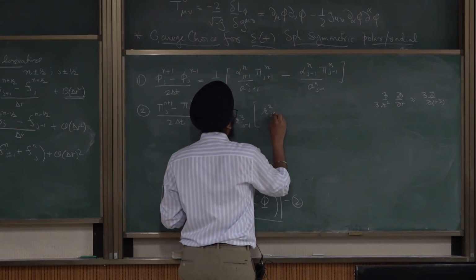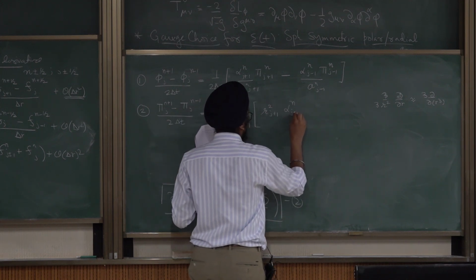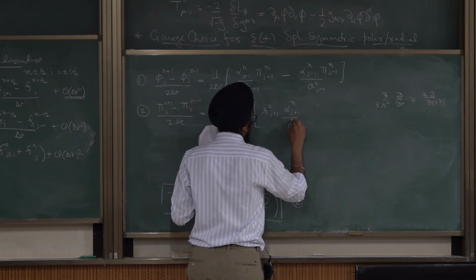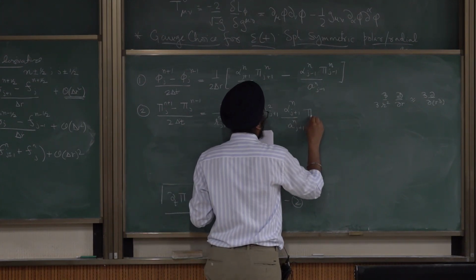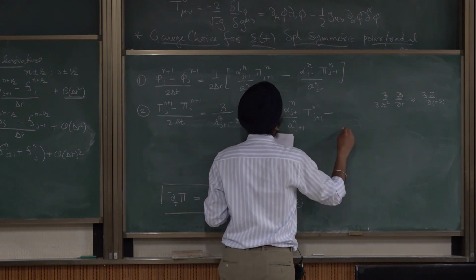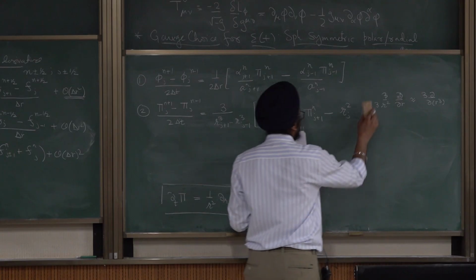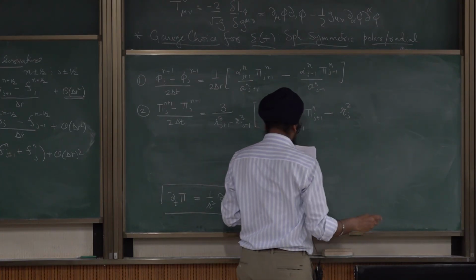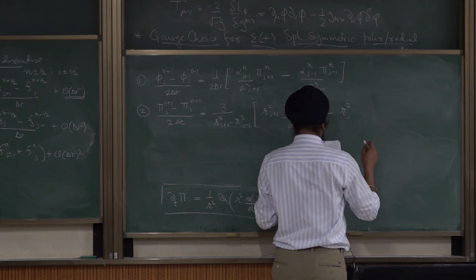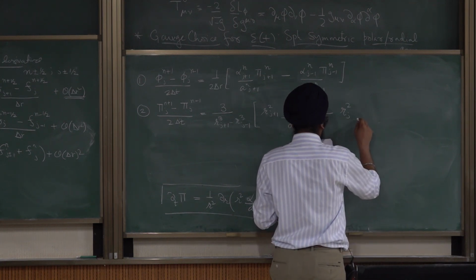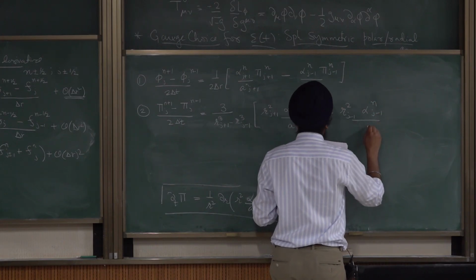r square j plus 1 alpha n j plus 1 by a n j plus 1 minus r square j minus 1 alpha n j minus 1.